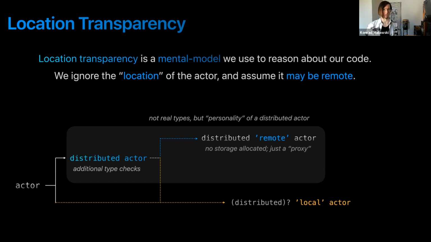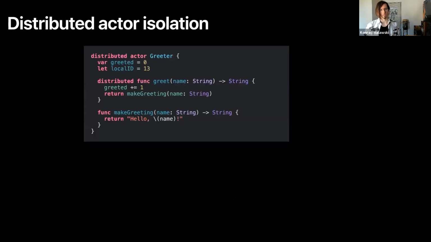We'll talk about how we do that in a second. So distributed actors not only have to turn things into messages, they have to enforce slightly stricter isolation.